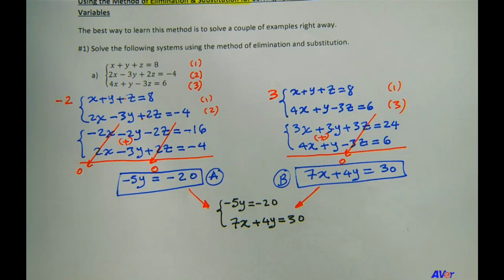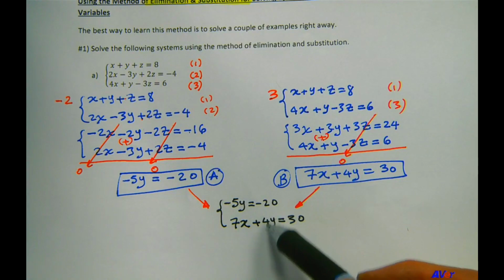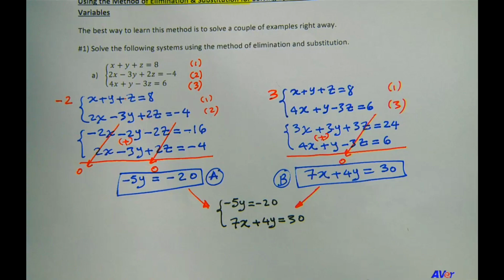Because this is a system of 2 equations, 2 unknowns, we can now apply the method of elimination and substitution we learned about in section 6.1. Before, with a bigger system, it was not directly applicable.